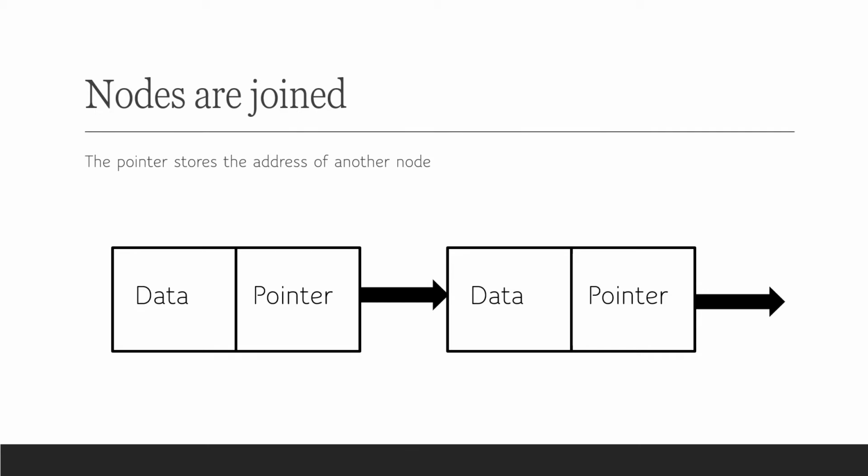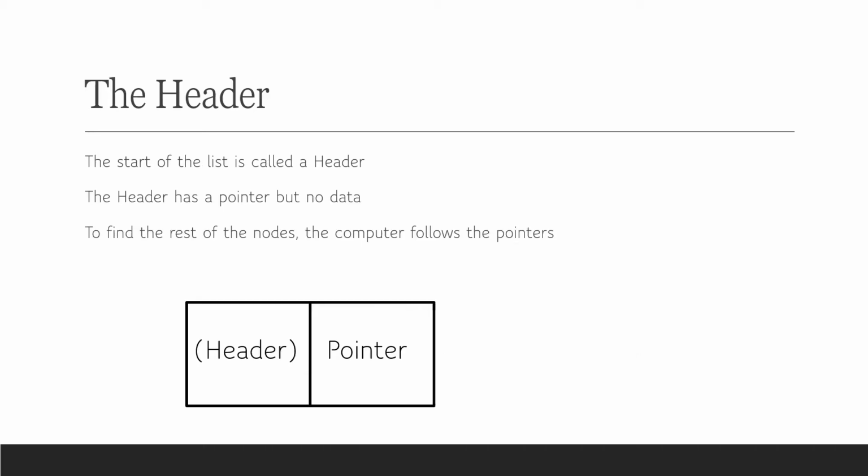Of course, be aware there aren't really arrows inside the computer. All the arrow represents is that the pointer tells the computer a new data location, and in that new data location it will find the new node.